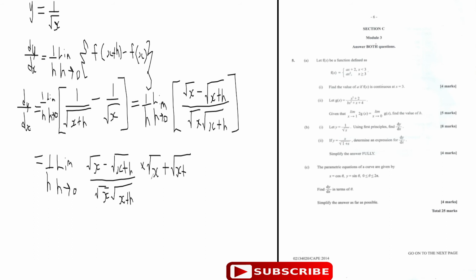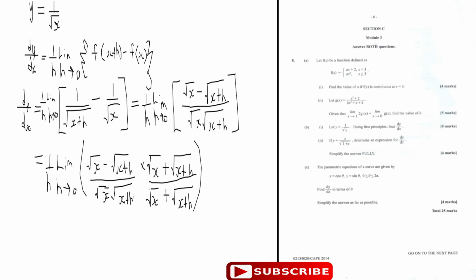And anything you do to the numerator, you have to do to the denominator. You have to multiply the denominator also by the root of x plus the root of x plus h. Anything you do to the numerator, you have to do to the denominator. All right, nice and easy.